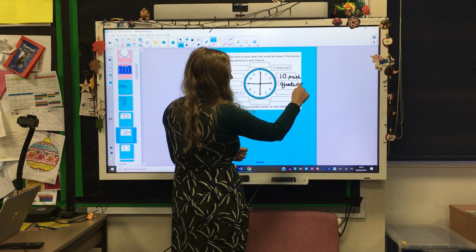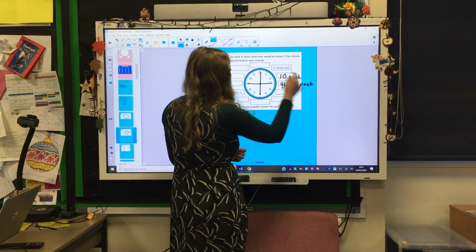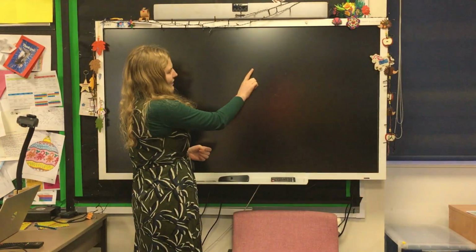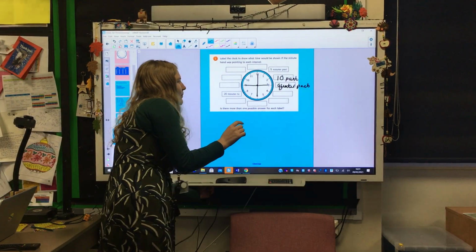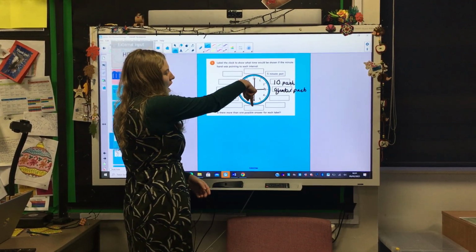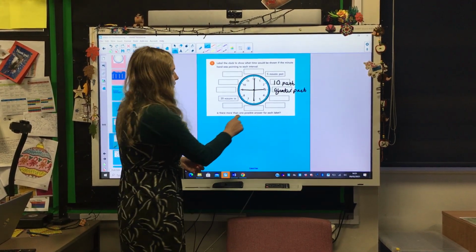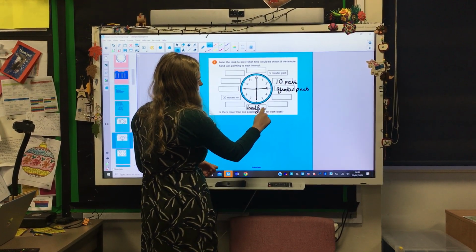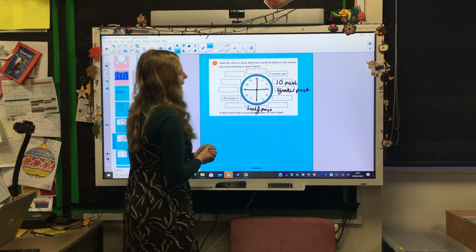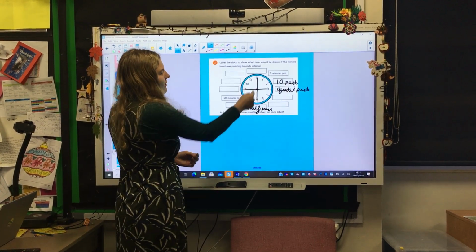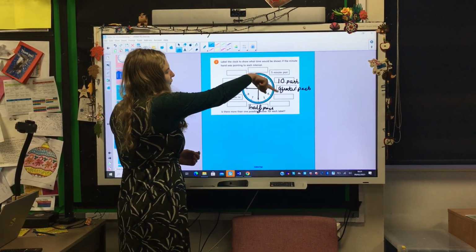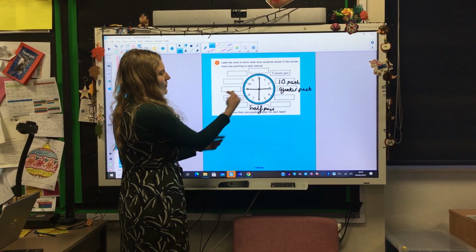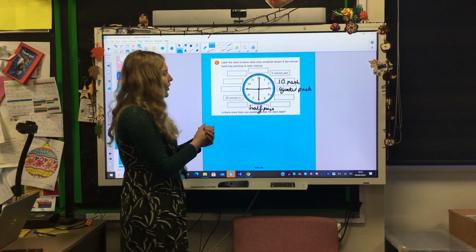It's quite tricky to write on these boards, sorry if you can't read that. Next, if we came all the way down to the 6, we've gone halfway round the clock. So we are half past. And next, if we're on to this 9, which again is a chunk, we've gone 45 minutes round, so we are 1/4 to.